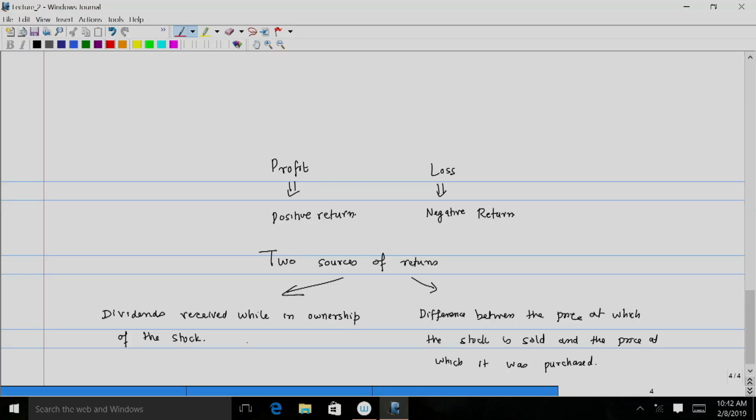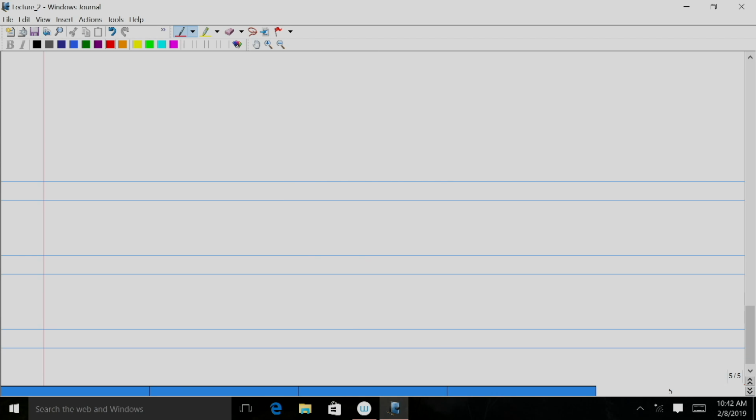The dividends received are known as dividend gains, and the one that you get as a result of selling the stock is known as capital gains. Please note that once you have sold off the stock, you are no longer entitled to dividends, and any subsequent dividend will be passed on to the new owner of the stock.